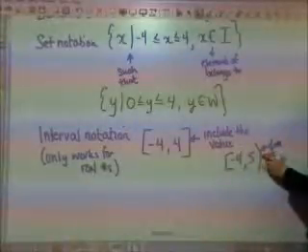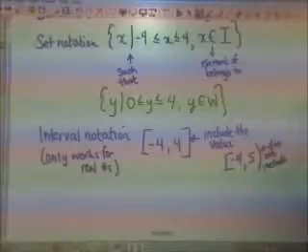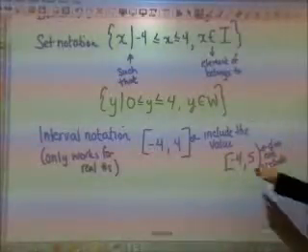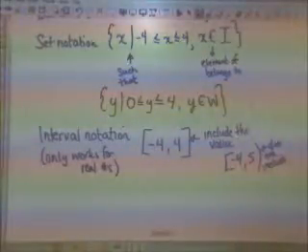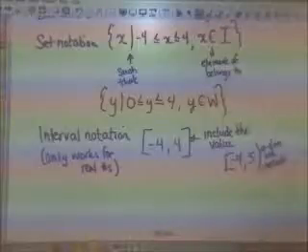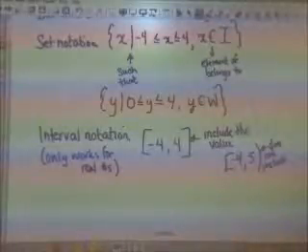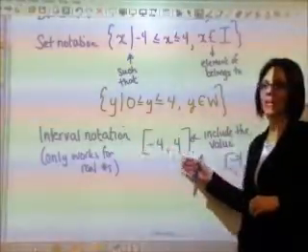So I wouldn't use this for the graph that we were looking at, because that graph does not extend past positive 4. This would be my interval notation. Interval notation only works for real numbers because there's no way of specifying what types of numbers would be in here.